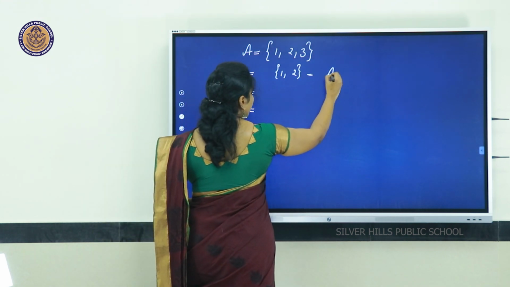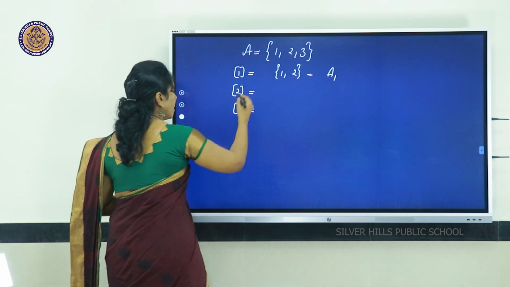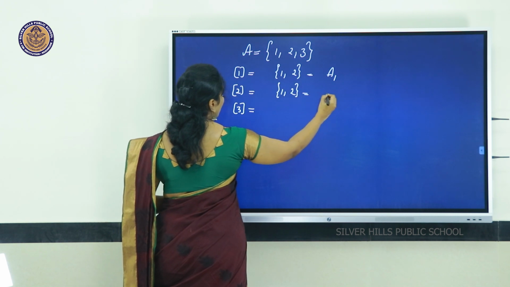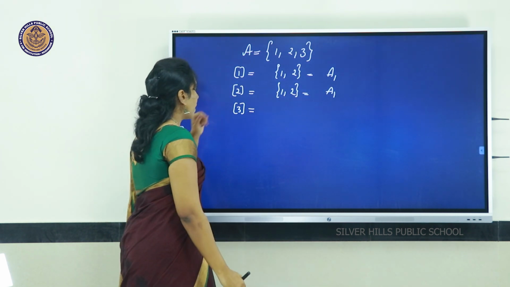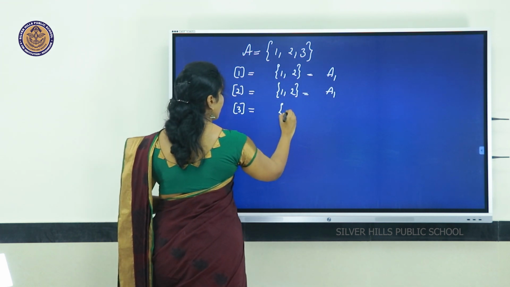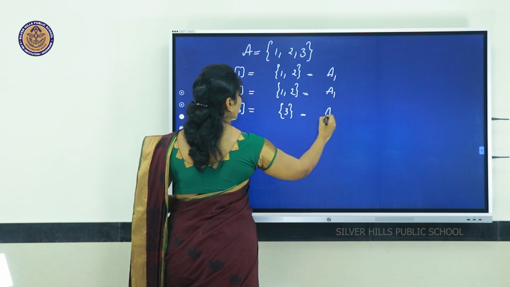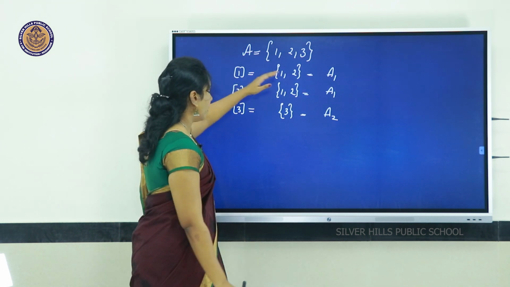Let me name it as A1, and equivalence class 2 also I got the same members, so I will name it as A1. Now, coming to equivalence class 3, you have just one member. So, I can give another name for that, A2. So, I have A1, A2.